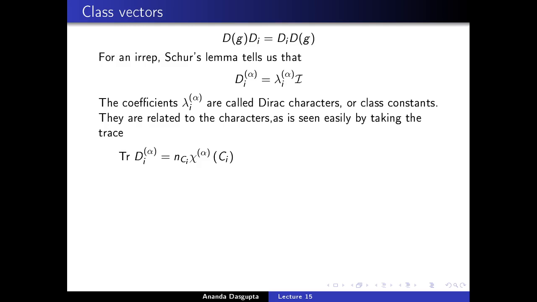So this expression nCi chi alpha Ci is the same as lambda i alpha times d alpha, and this immediately tells me that the character for the ith class is simply given by d alpha by nCi times lambda i alpha. So if you knew the dimensionality of the representation, you could just use the Dirac characters to find out what the characters corresponding to a particular class is.